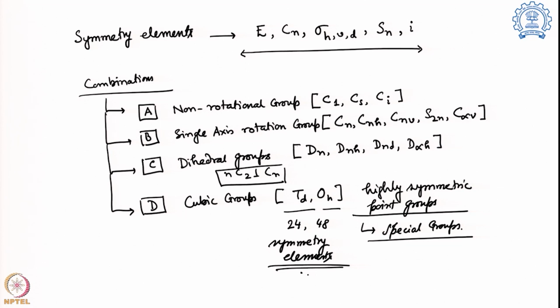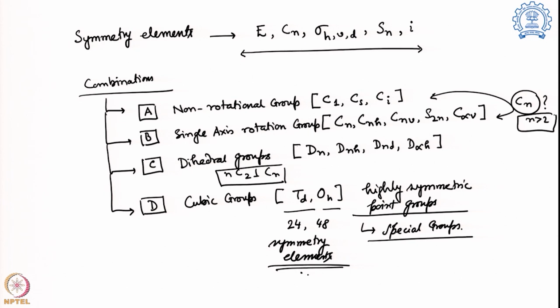Do I need to find out all the symmetry elements present in the molecule, or can we find an easier route? So we will try to define this from all these groups and what their differences are. What is the difference between the non-rotational and single axis rotation groups? It is whether we have the presence of an axis of rotation or not, where n is greater than 2.